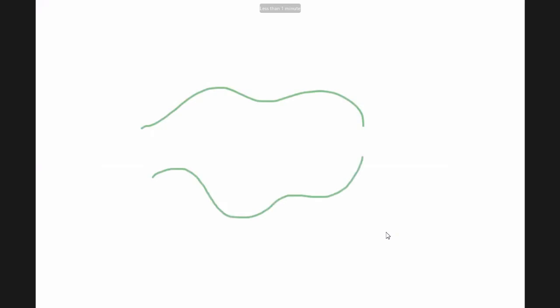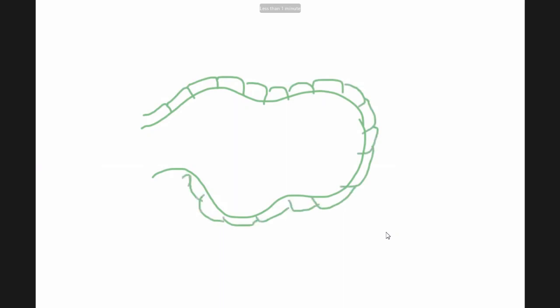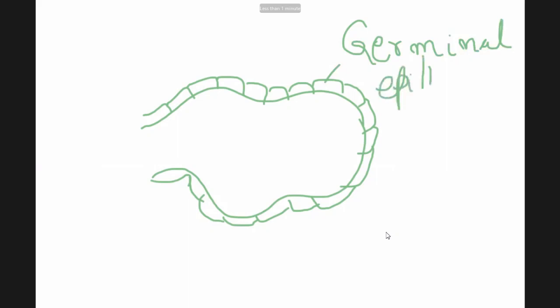Then, in the ovary, this is the ovary of a human. It is covered by an epithelium with cuboidal cells. This epithelium covering the ovary is called germinal epithelium.